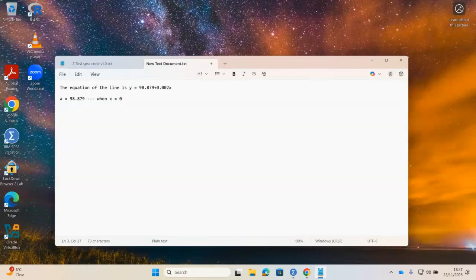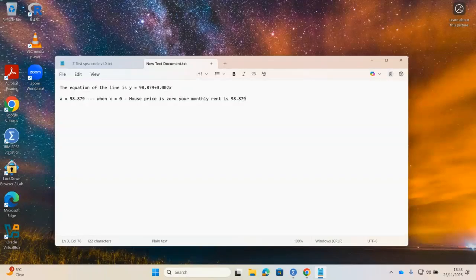what is x over here? No, but what is the meaning of x here? In our problem, what is x? No, x is house price. So it says when house price is 0, your monthly rent is 98.879.